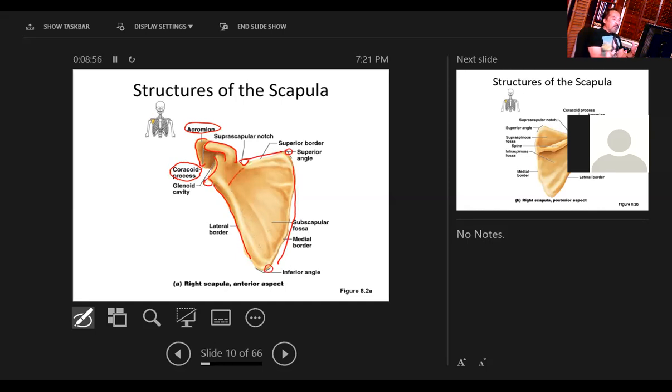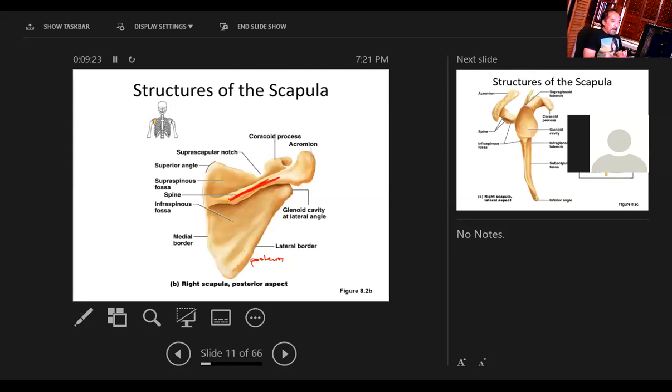And this depression that you see here, that's flat, you can call it the subscapular fossa, meaning under the scapula. Since this is located at the anterior part, it's going to be below the scapula. That's the reason why we call it the subscapular fossa. It's a depression, okay? So I'm going back to the posterior.